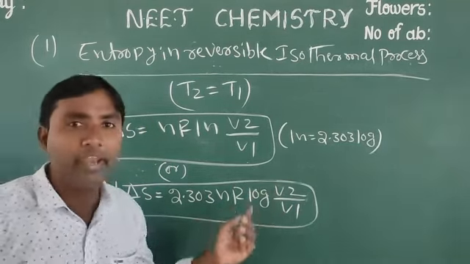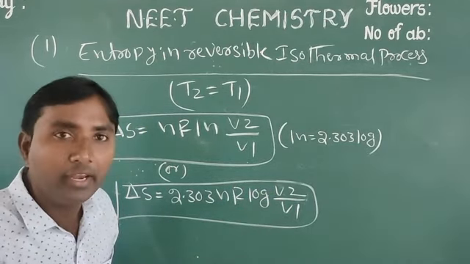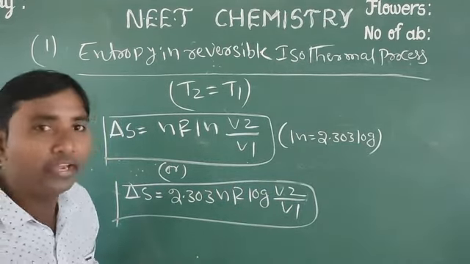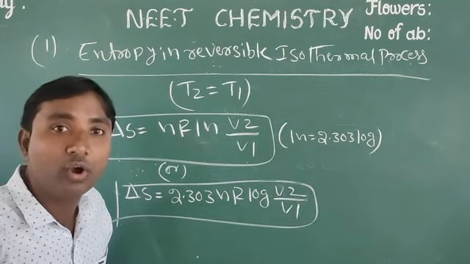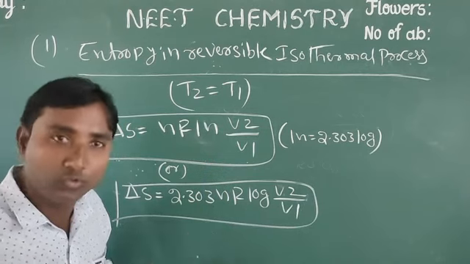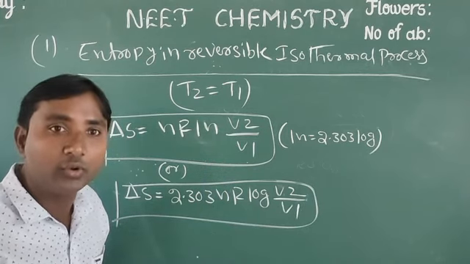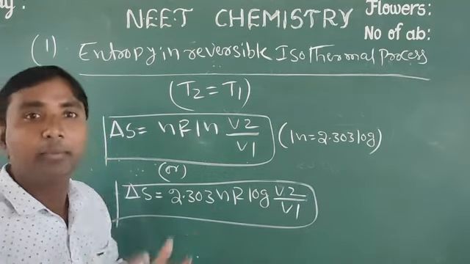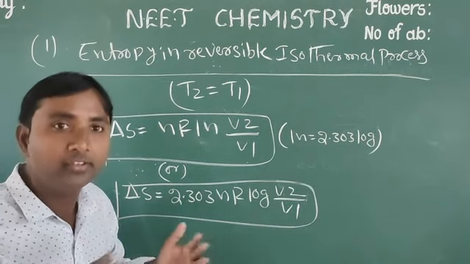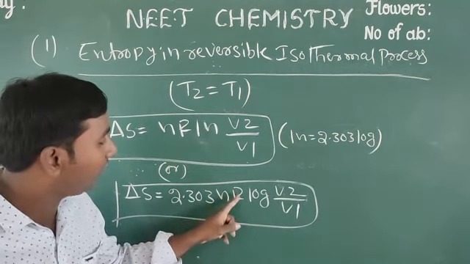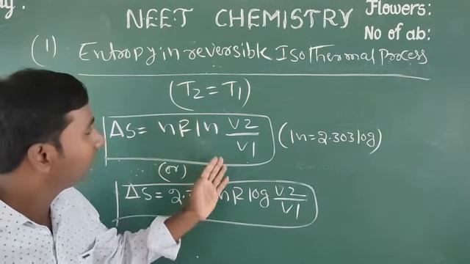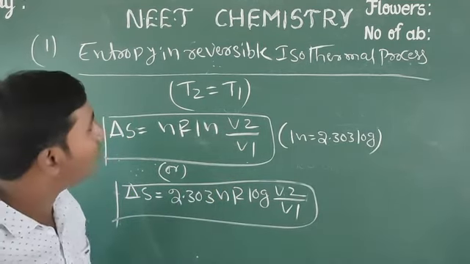Here V2 means final volume, V1 means initial volume, n means number of moles, R means the gas constant, whose units depend on the particular problem. So this is in terms of volume.